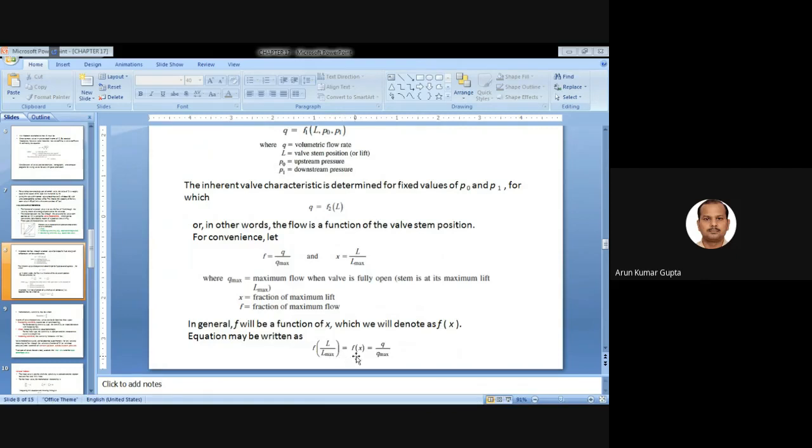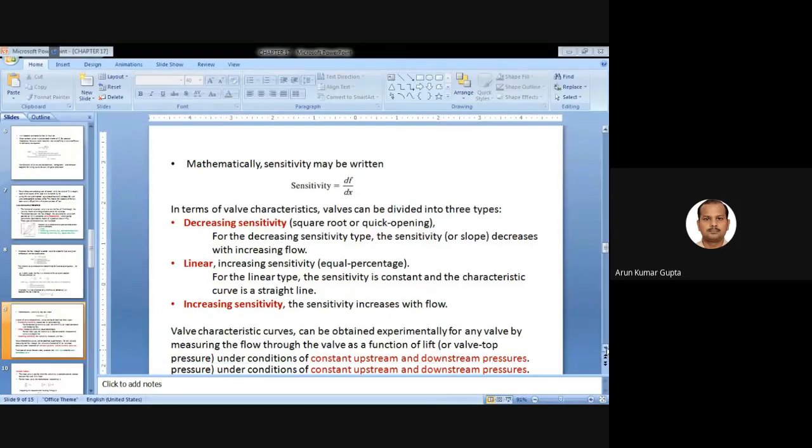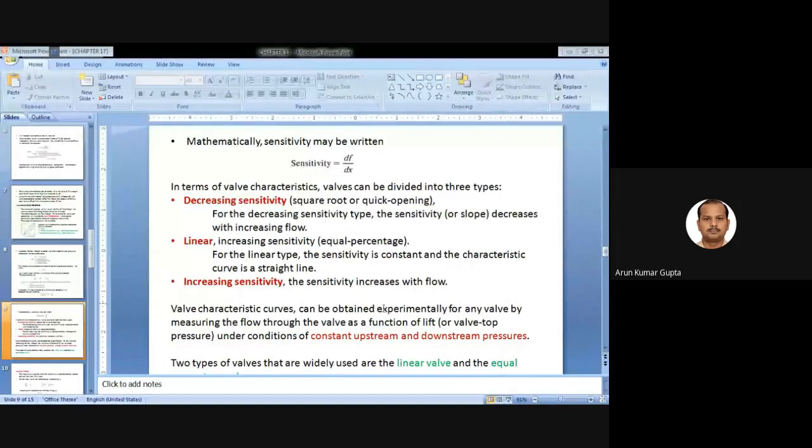So f(x) we define as Q by Qmax. Similarly, we define the sensitivity. Sensitivity means the slope. Decreasing sensitivity means the slope is continuously decreasing, in linear the slope is constant, and increasing sensitivity means the slope is increasing. Based on this, we define the sensitivity.